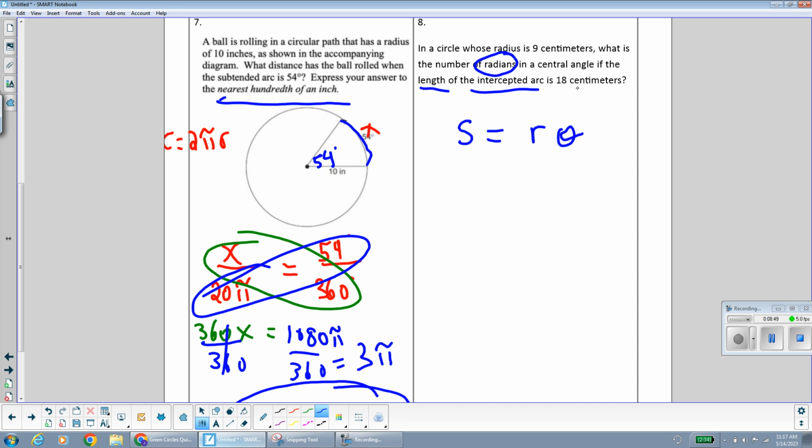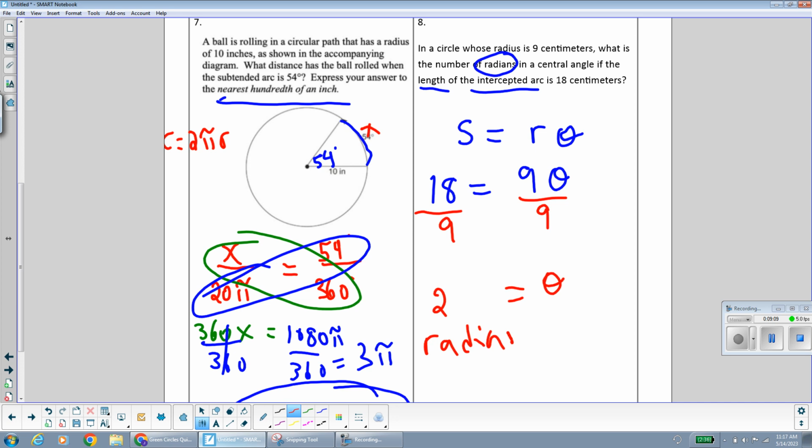So we know the arc length. They actually tell us that the arc length is 18 centimeters. We know the radius, that's 9, and we're actually looking for the central angle. It says, what is the number of radians in a central angle? So we're solving for theta. So dividing both sides by 9, I have theta is equal to 2 radians. And that's the whole thing.